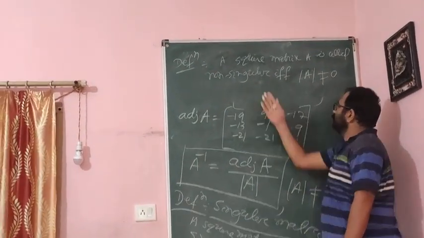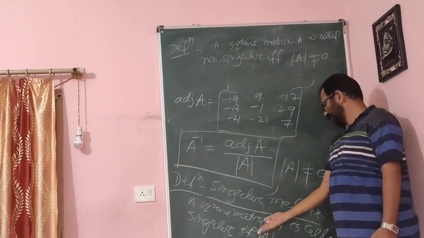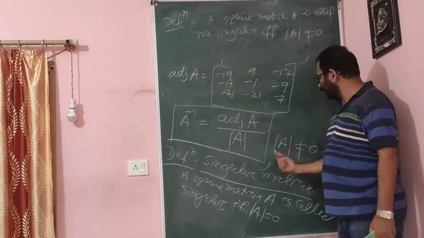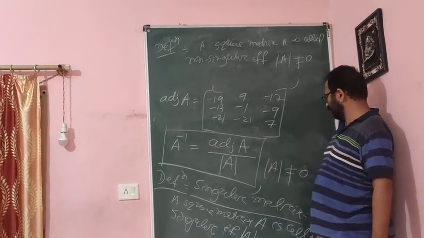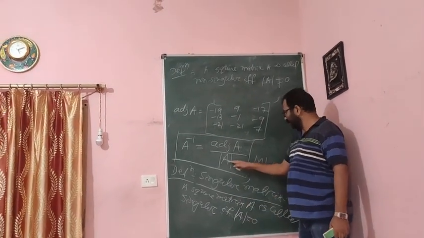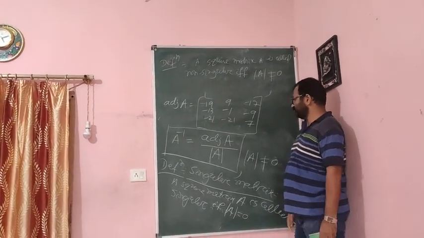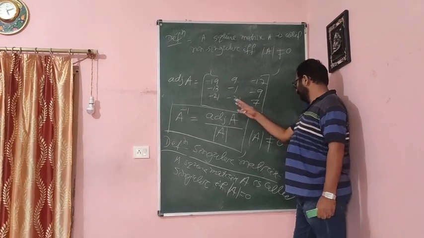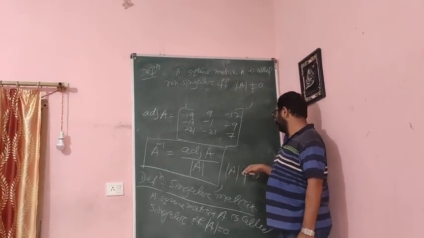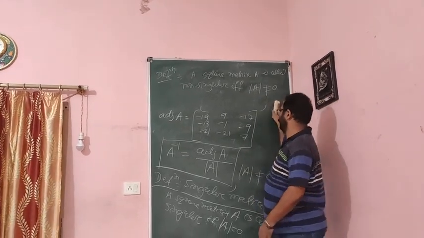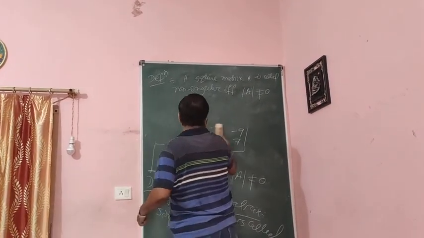Non-singular means not equal to 0, singular means determinant equal to 0. But in the case of a singular matrix, we cannot find the inverse, because if the determinant of A is equal to 0, the denominator is 0, and we cannot define it. So A inverse does not exist. So the condition is that the determinant of A is not equal to 0, meaning A should be non-singular.